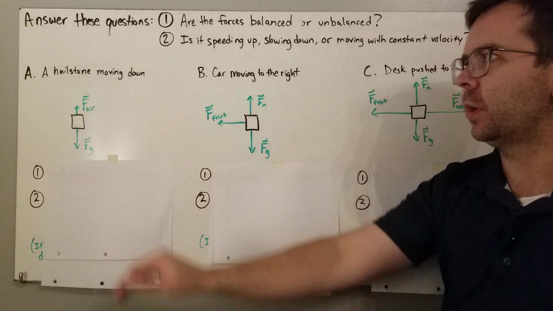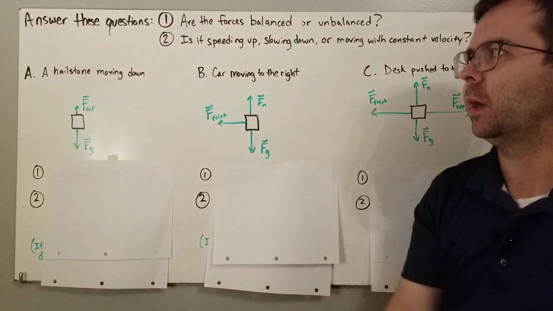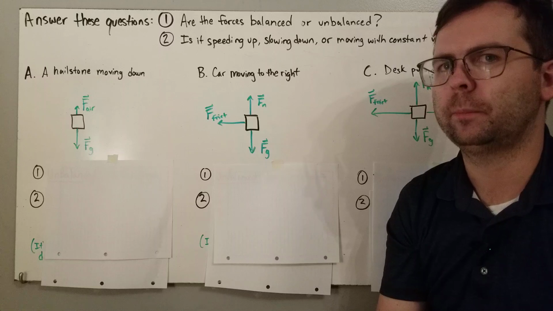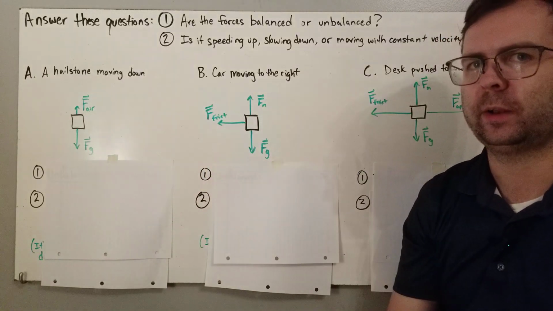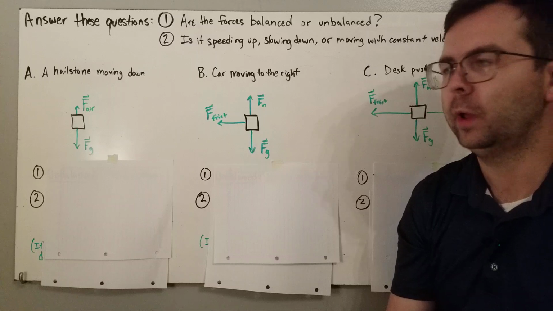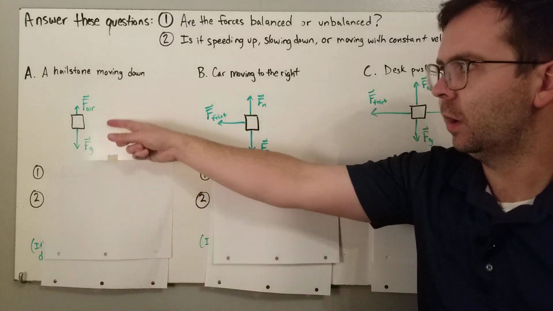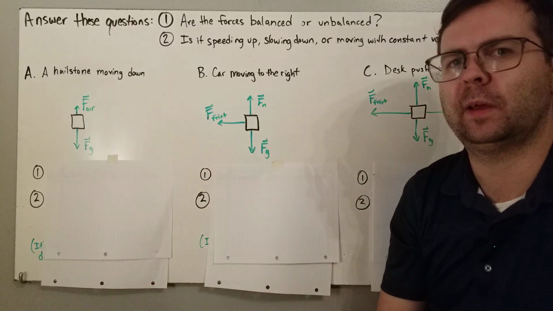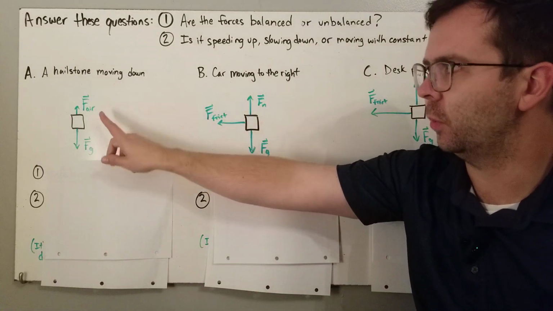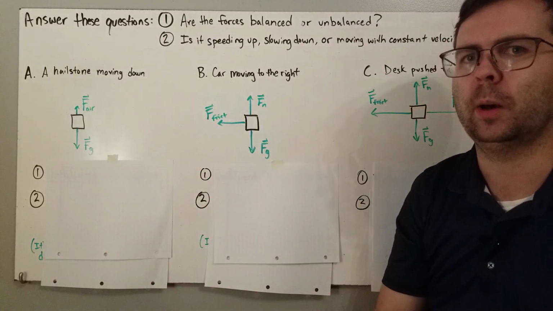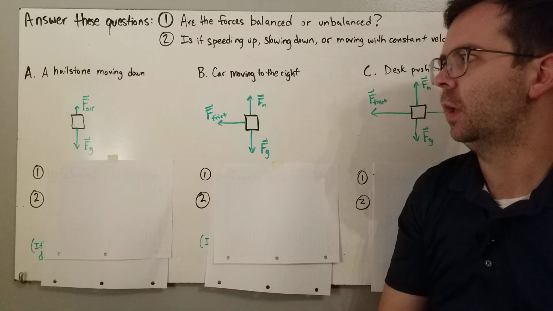So let's look at our first example, example A, a hailstone moving down. We're given the free body diagram to show the forces that are acting on the hailstone. This is important because we want to compare the forces and see if there would be a leftover force here. So we have gravity pulling down on the hailstone and the air resistance pushing up against the hailstone's motion.